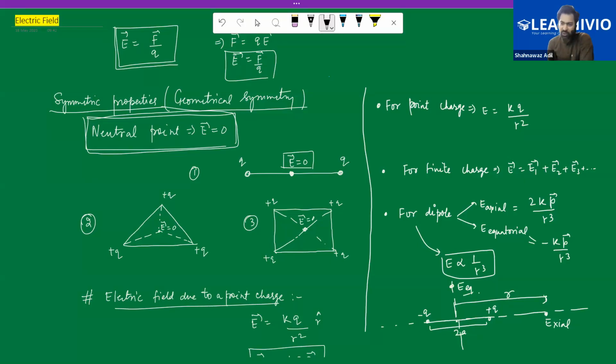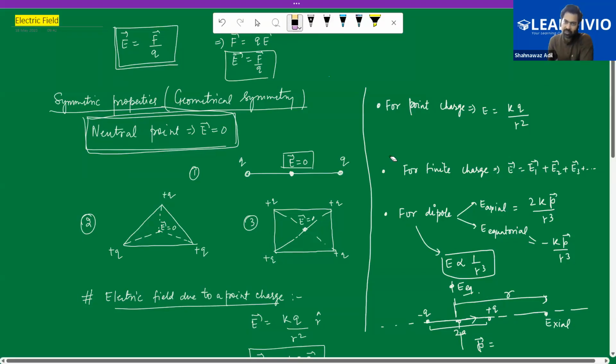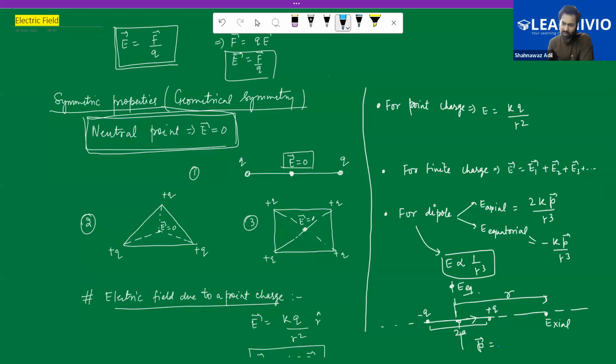At the E axial point, the electric field is in the direction of the dipole moment. What is the dipole moment? It is simply the charge into separation, that is q into 2a, and the direction is along p. This is the dipole. So these are the things that we have to remember for electric field.